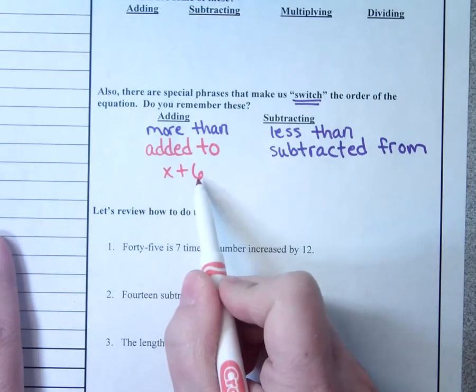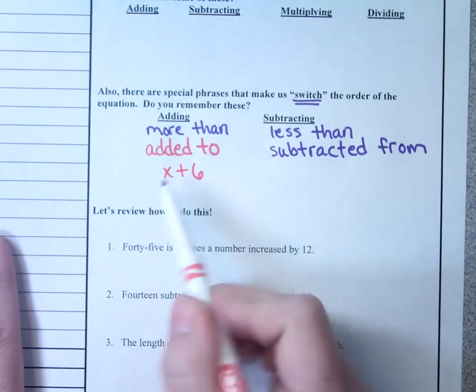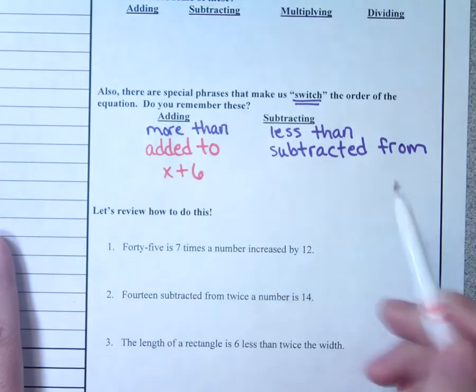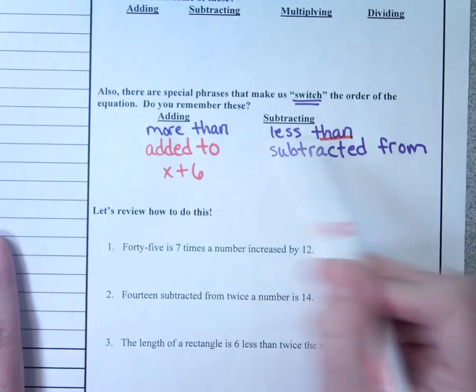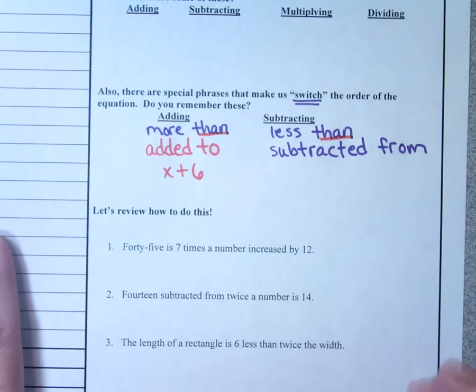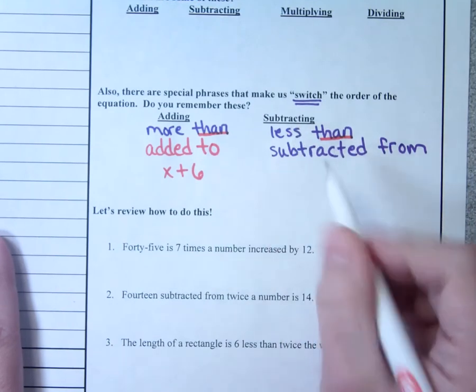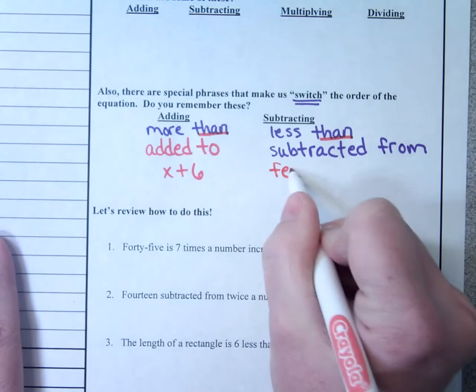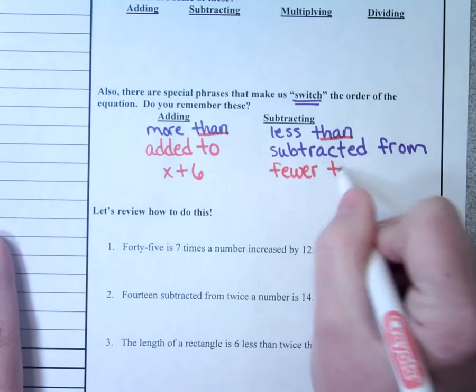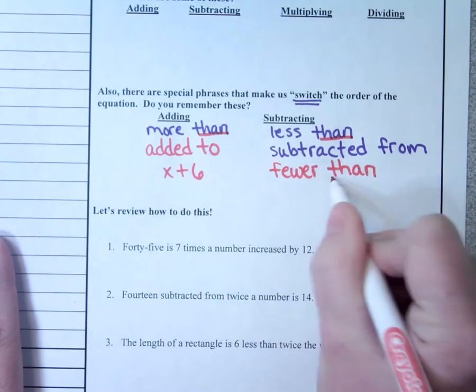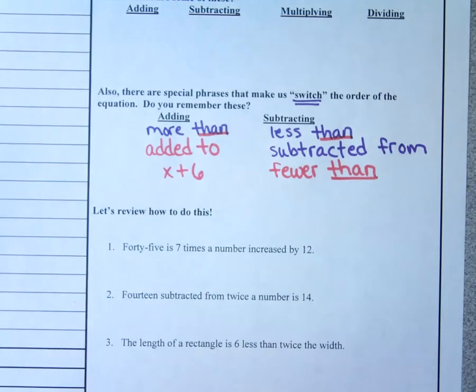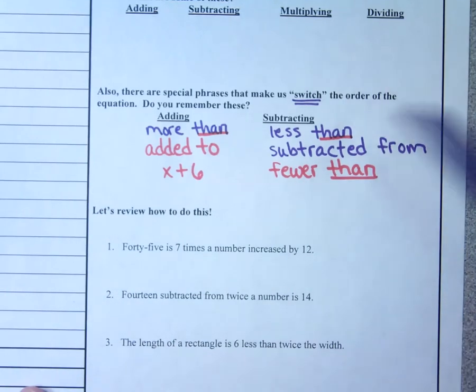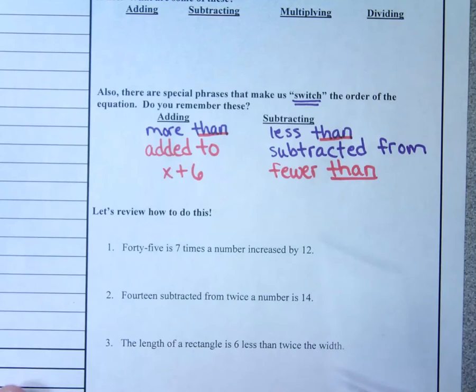The 6 got added to the x, so that would be a switch word. And then it's these than words that really get you. So another one that we could use for subtracting is fewer than. If you see these than words, those are going to be switch words. So like I said, my little phrase that I had at the beginning of the year when we were talking about this was more than, less than, subtracted from. But we also have added to and fewer than.